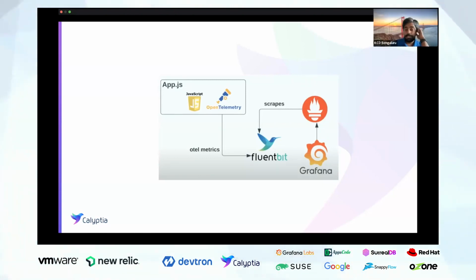Thank you for asking this question. Like I said, OpenTelemetry is a standard. It doesn't have a backend or anything. It is used by all of us to implement and then ship data. It's a standard, and we use OpenTelemetry to collect the metrics and send them to different backends. Fluent Bit is the agent, the deliverer, the messenger.